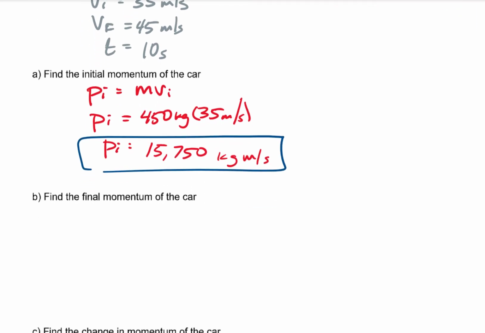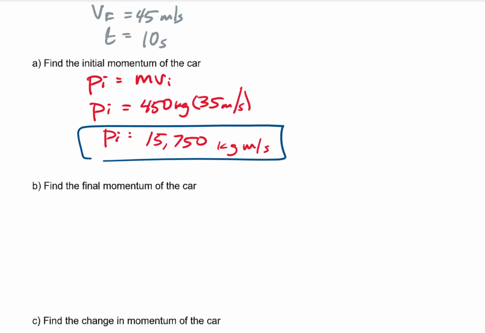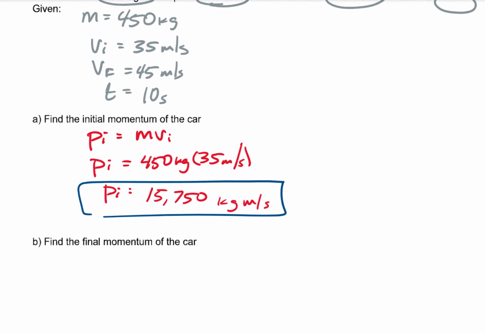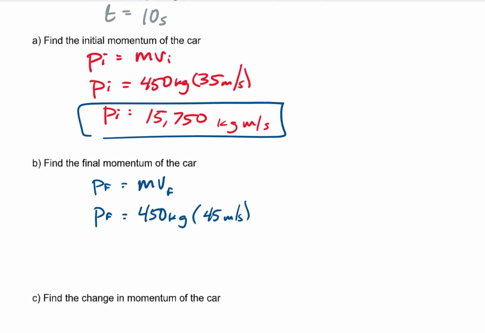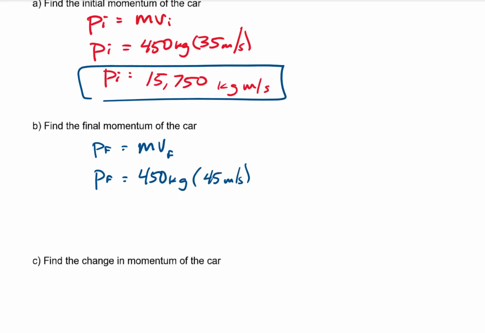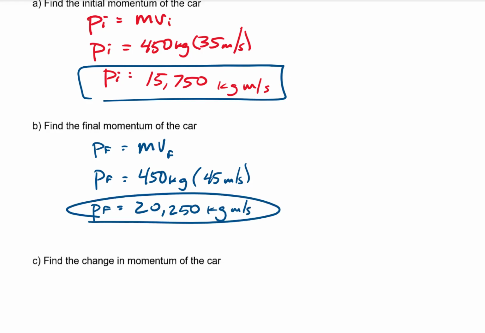The final momentum of the car, P final, is going to be the mass times the final velocity. So 450 kilograms times the final velocity of 45 meters per second. That gives me a final momentum of 20,250 kilogram meters per second.